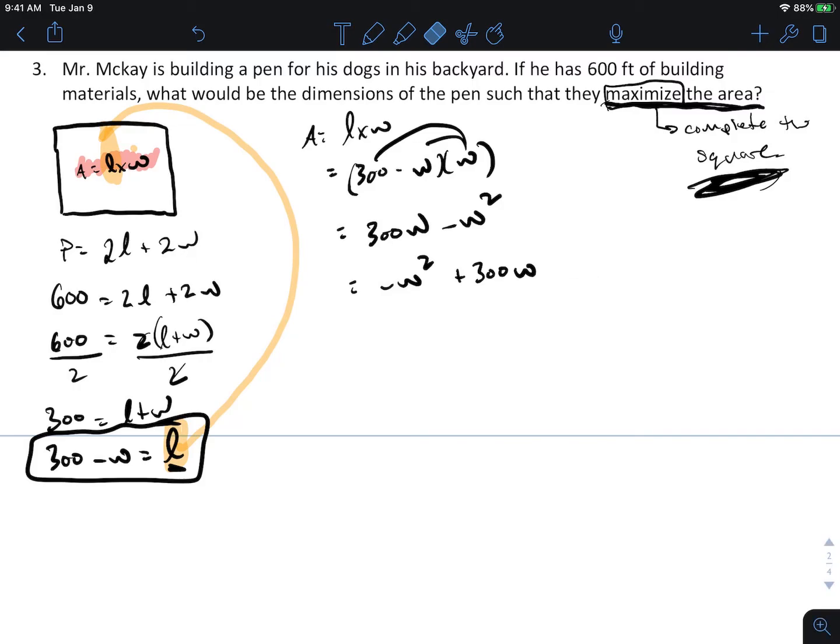Now the problem is it's not 1 out front. It's -1, so I'm just going to factor that out, and it's going to be W squared minus 300W.